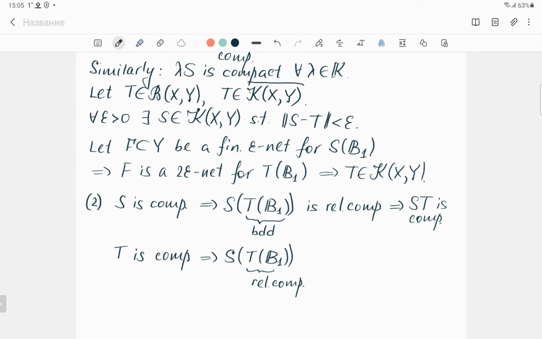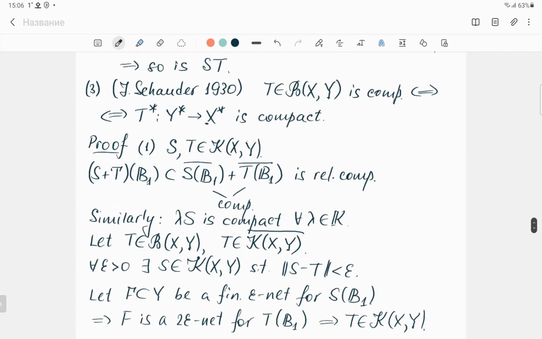And the continuous map takes compact sets to compact sets. So it takes relatively compact sets to relatively compact sets. So this set is relatively compact. And again, we conclude that ST is compact. Okay, so this proves part 2.